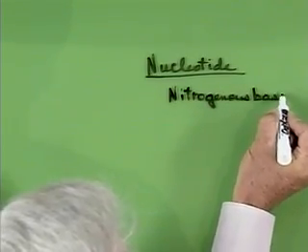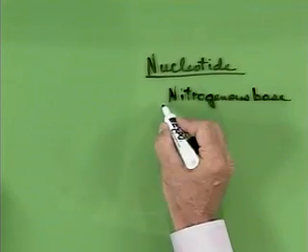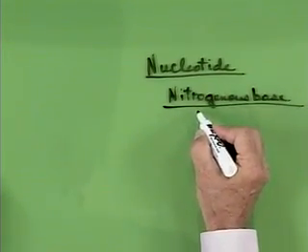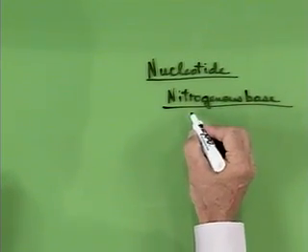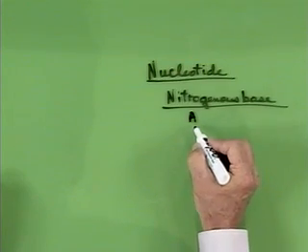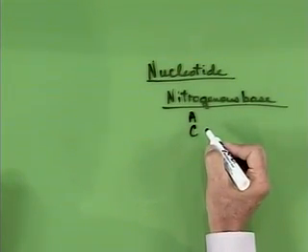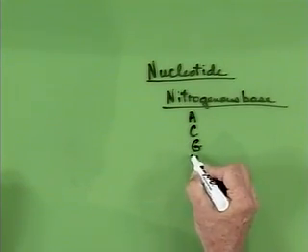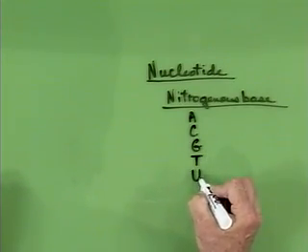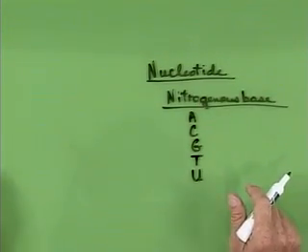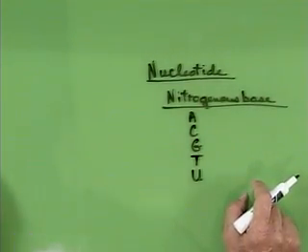And if you remember from a previous biology course, those nitrogenous bases that are utilized in the nucleotides in DNA and RNA are adenine, which we often symbolize with an A, cytosine, which we often symbolize with a C, guanine, thymine, and uracil. And we probably know these as much by the single capital letter acronym as we do by their written out names.